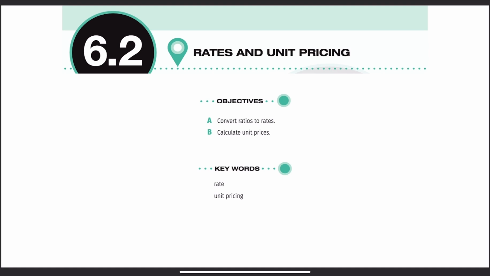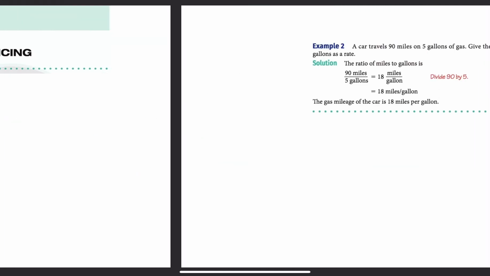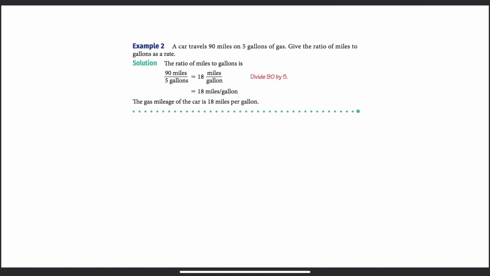Can be a decimal, could even be a mixed number potentially, but a single value that expresses the ratio as a rate of units. And we'll see here a great example is in speed, miles per hour, or gas mileage, miles per gallon.